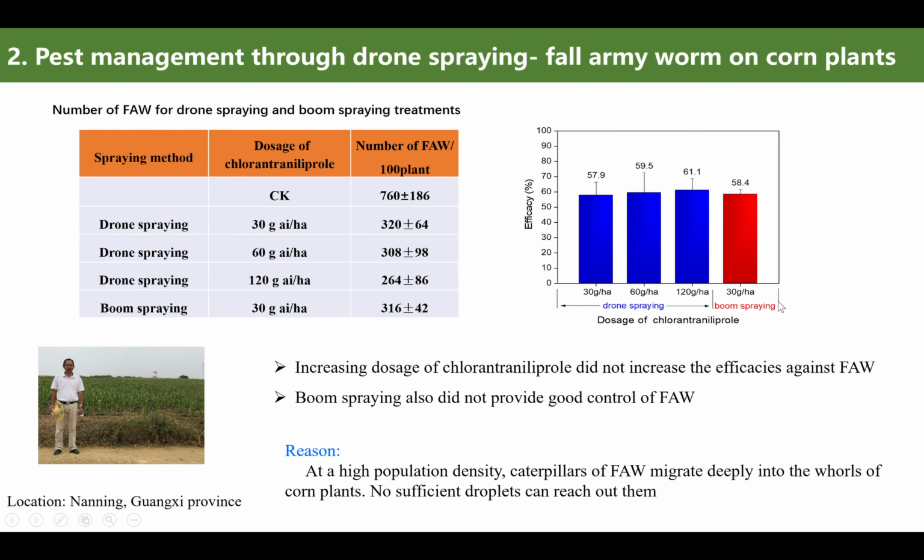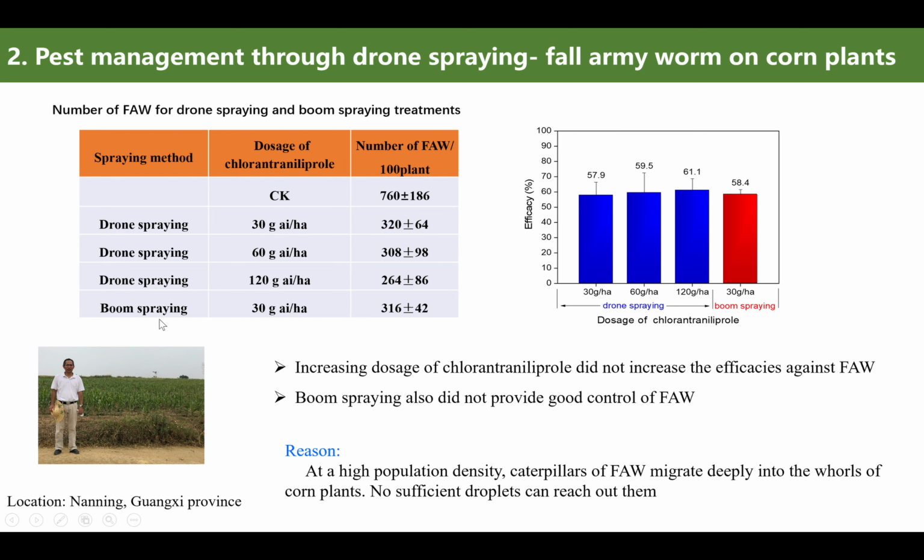This is the control for armyworm on corn plants. At this time, you can see the population density of fall armyworm was very high. And this column is the dosage of insecticide. You can see increasing the dosage of the insecticide did not increase the control effects.